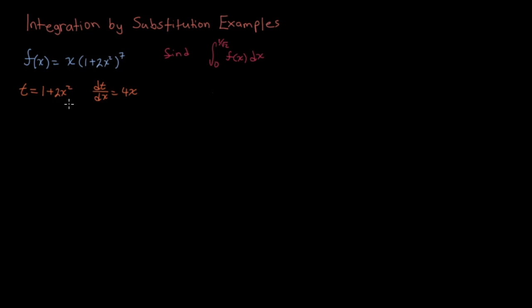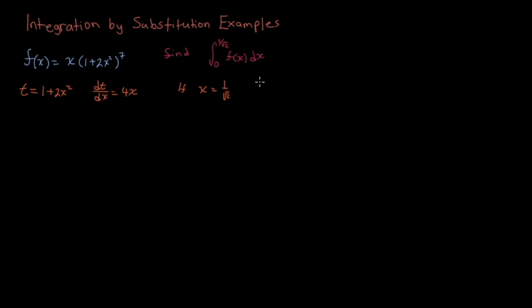That's our first step. The next thing we're going to do is change our intervals, because once we substitute these values into the new integral, these intervals are going to change. So if x is equal to 1 over root 2, what is t going to be?